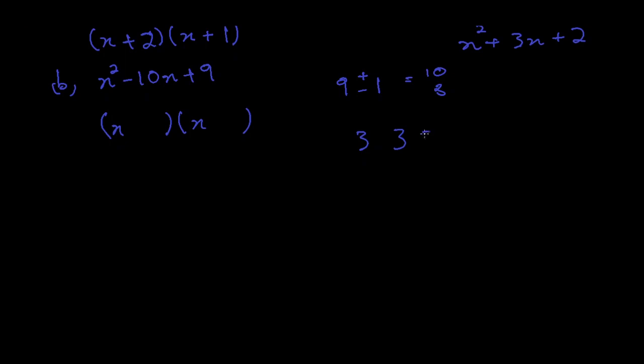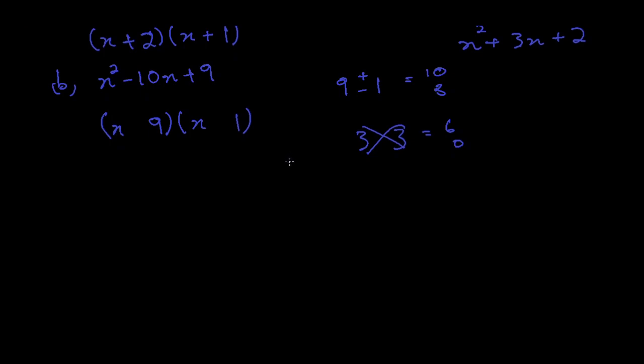When you add 3 and 3, you get 6, and when you subtract, you get 0. So these ones are not the correct terms to use here. These ones are, because when you add 9 and 1, you get 10, which is your middle term. Remember, you add or subtract the factors and you should get the value of the middle term. So it's 9 plus 1. You allocate here and here. Now to the interesting part.